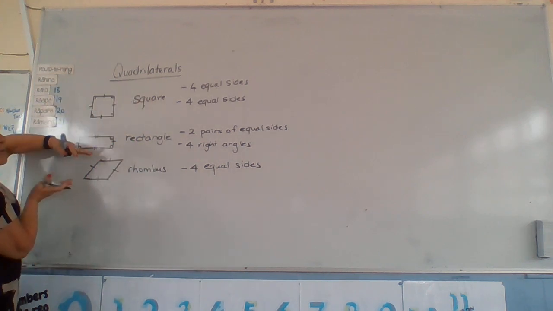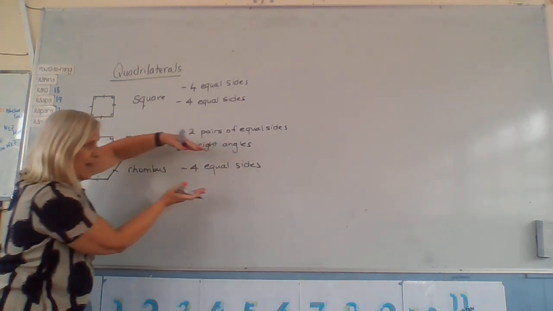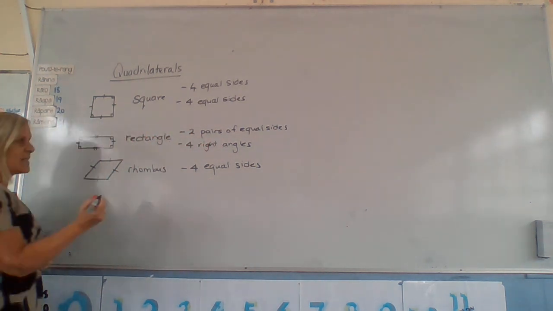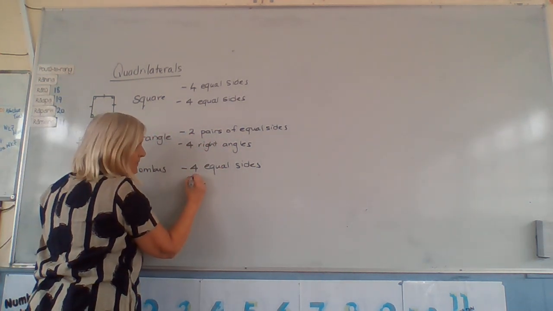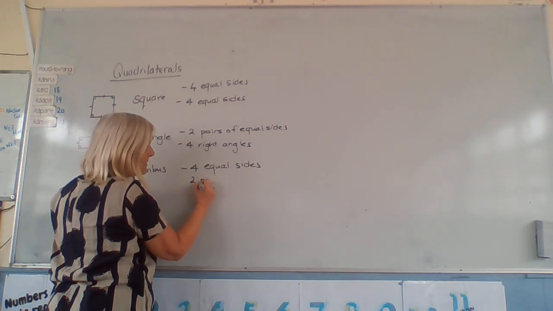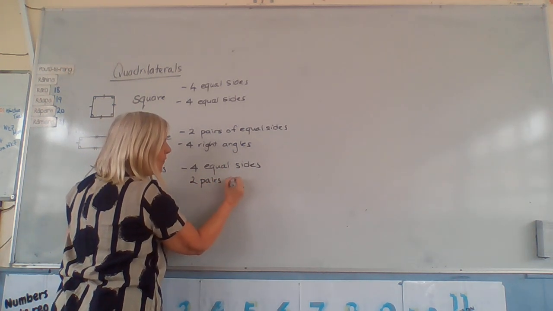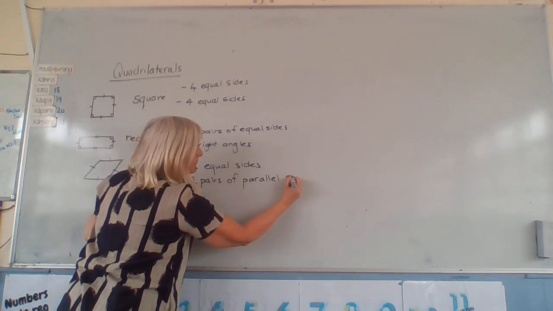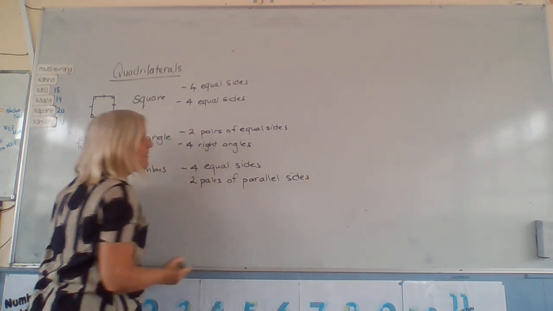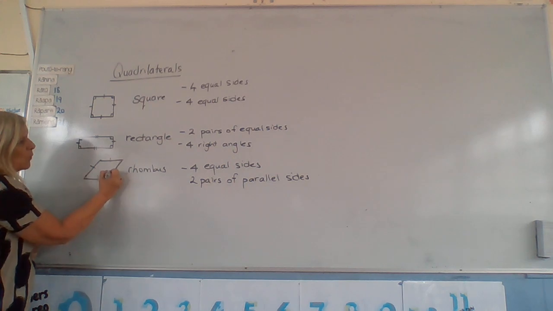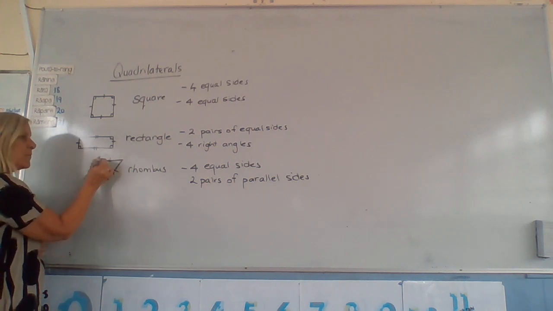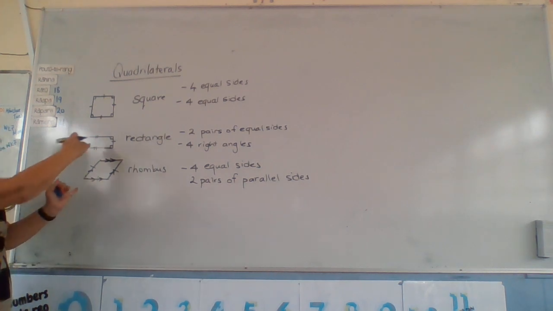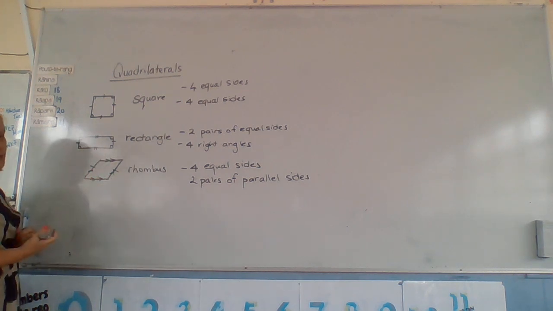Yes. 2 equal sides, 4 equal sides, 2 pairs of parallel sides. All right, so we could actually put arrows on them like this as well to say these are the 2 that are parallel, these are the 2 that are parallel.